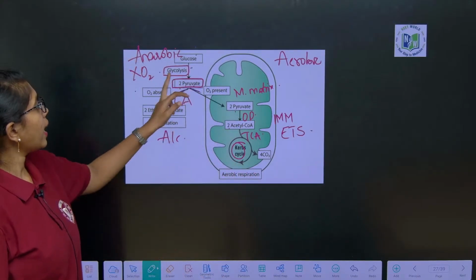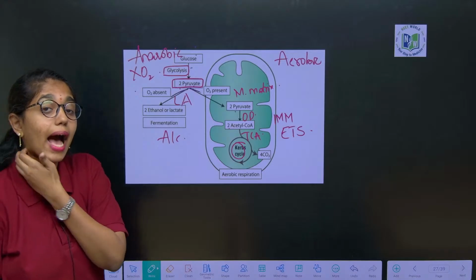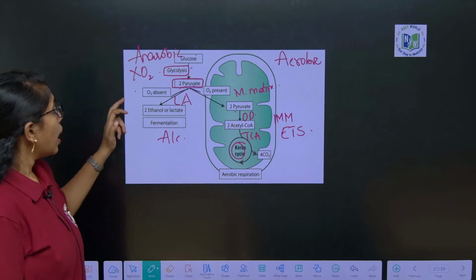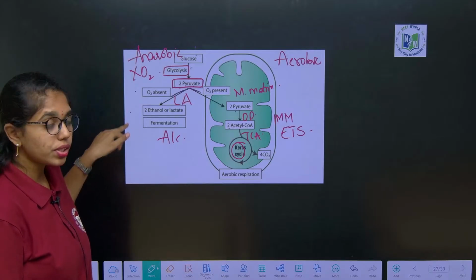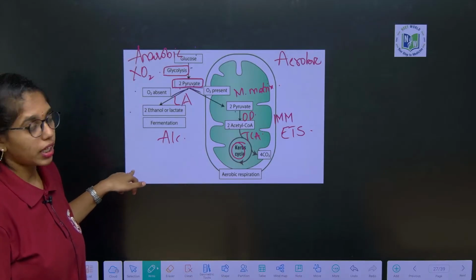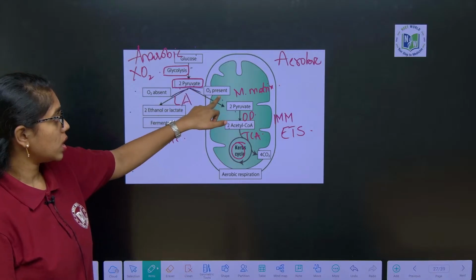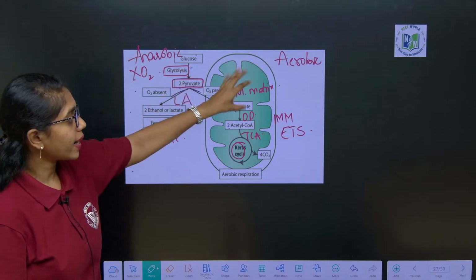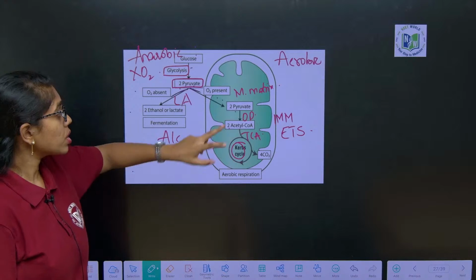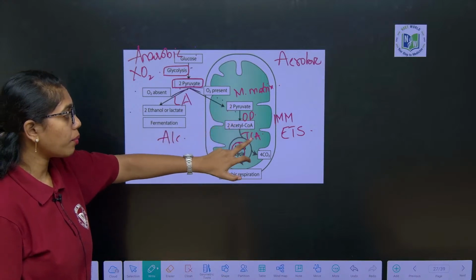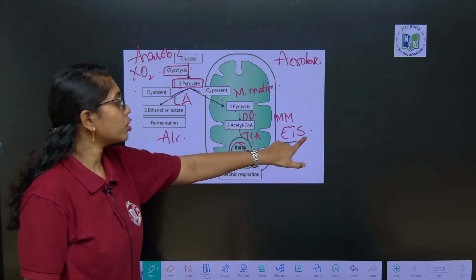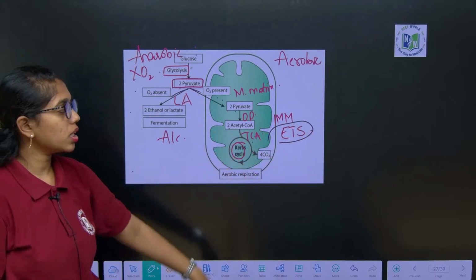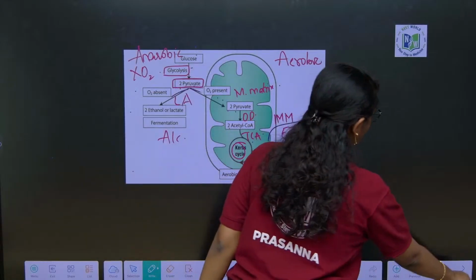So in anaerobic respiration, in the absence of oxygen, 2 possibilities are there: lactic acid fermentation and alcoholic fermentation. In the presence of oxygen, the pyruvate molecule directly enters the mitochondrial matrix, and first oxidative decarboxylation and TCA happen inside the mitochondrial matrix. The electron transport system occurs in the inner mitochondrial membrane.